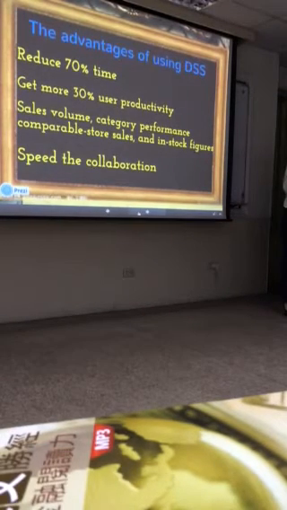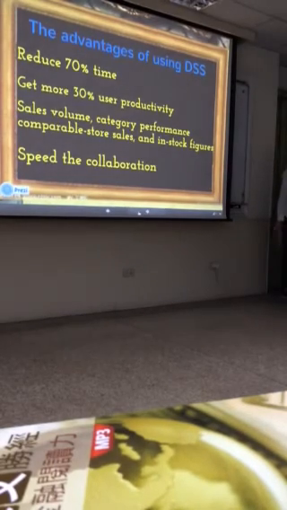So the only thing we have to do is key in the old data and tell the DSS what sheet we want. And then the second one is to get 30% more user productivity, because using the DSS, it can get more speed and a better way to solve problems.